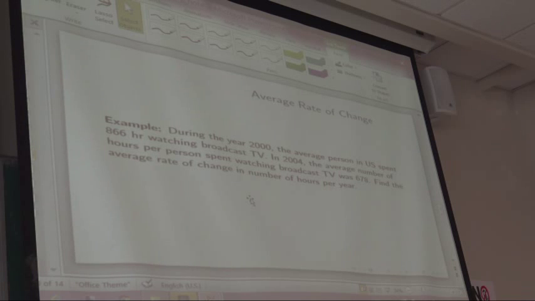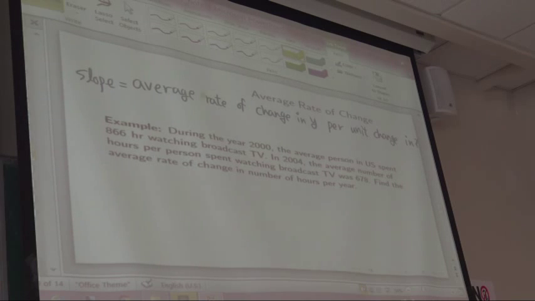Now the average rate of change. Average rate of change is the slope. The other way to define it is average rate of change in y per unit change in x.